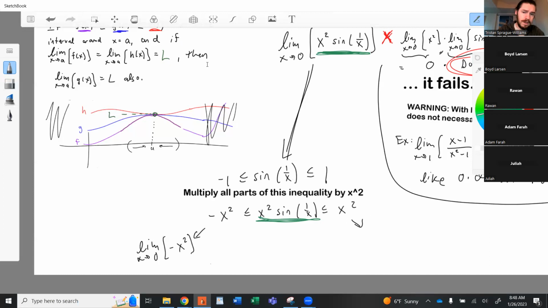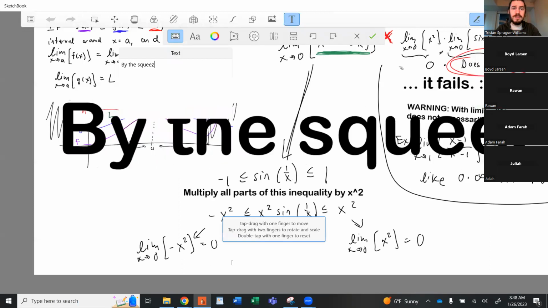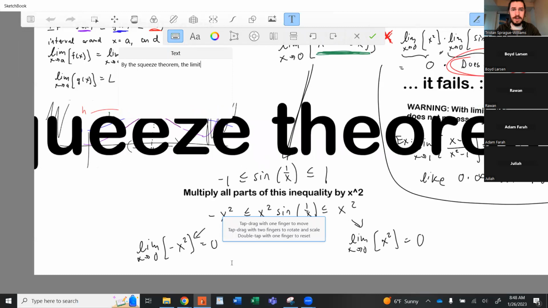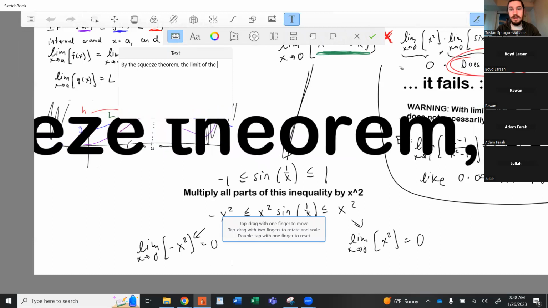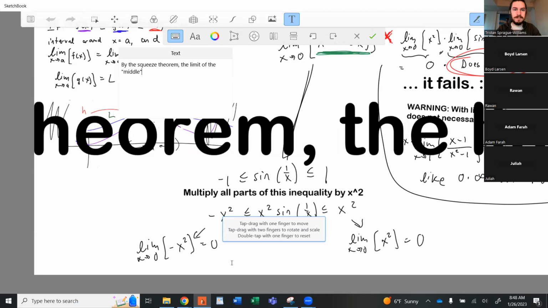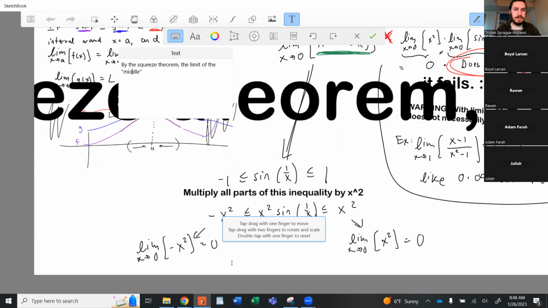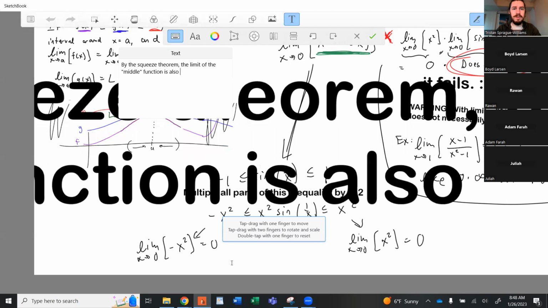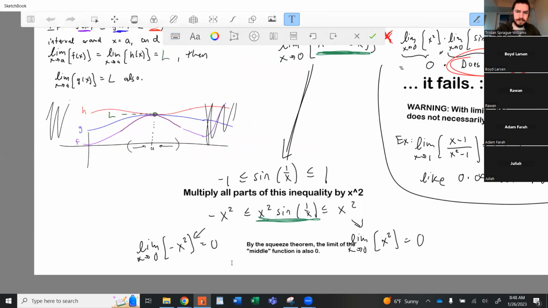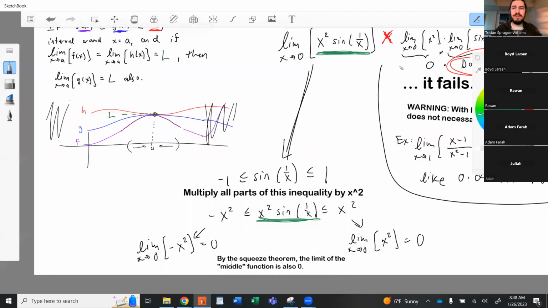Well, the limit of -x squared equals 0, and the limit of +x squared also equals 0. So then, by the squeeze theorem, the limit of the middle function is also 0. So that proves that this limit does indeed equal 0.